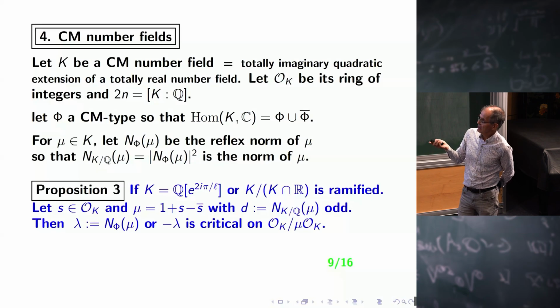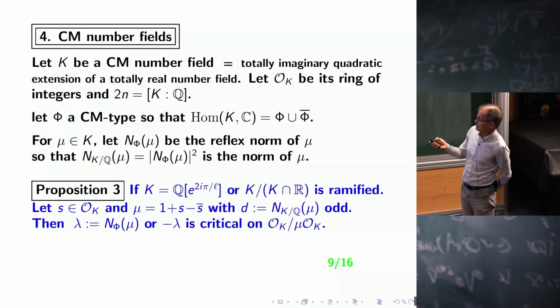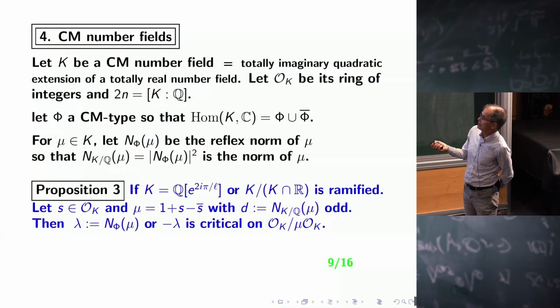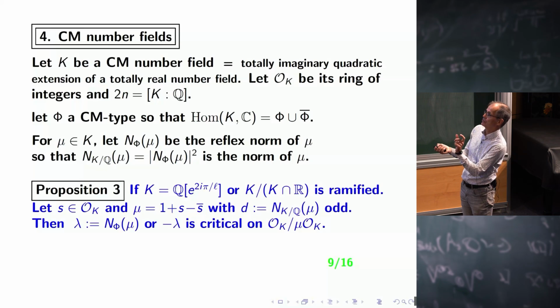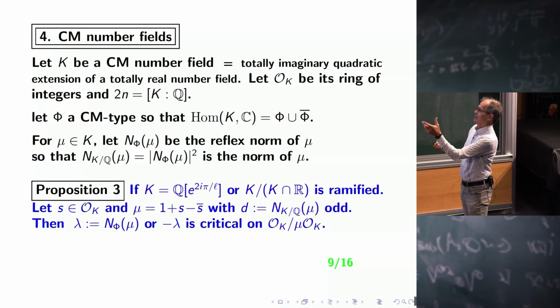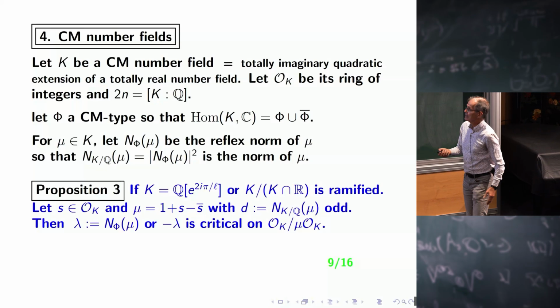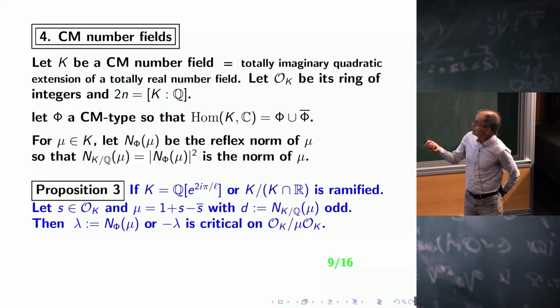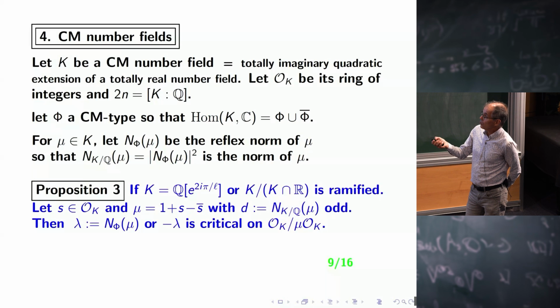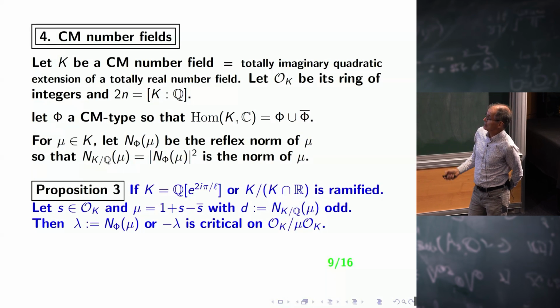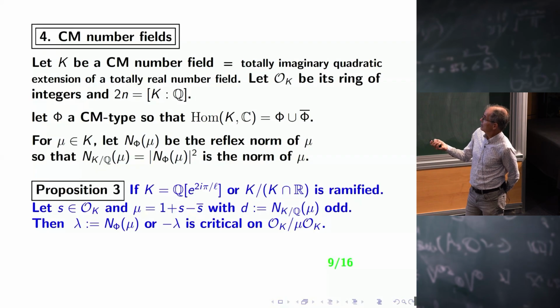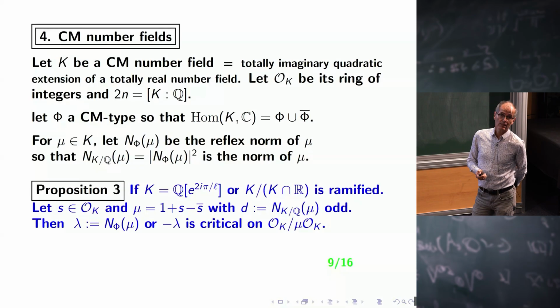So just take an element S in O_K, an integer, and consider mu, which is 1 plus some imaginary element of the form S minus S bar. So it's slightly more general than being the double of an imaginary integer. It's just S minus S bar. And then always the reflex norm is critical on this group, which is the integers divided by mu O_K.